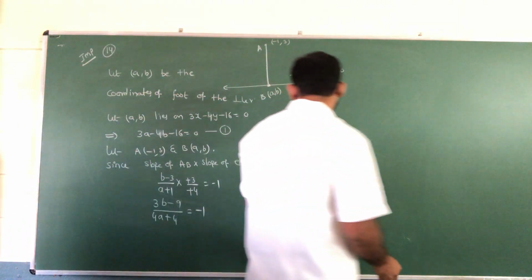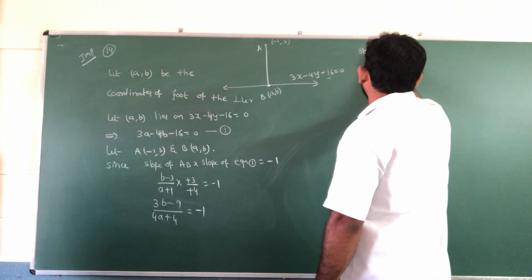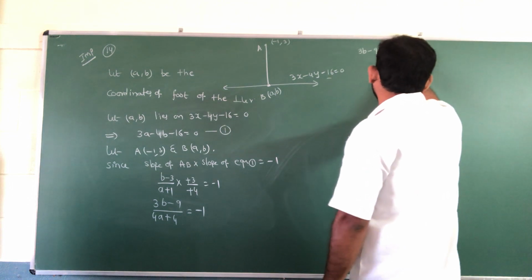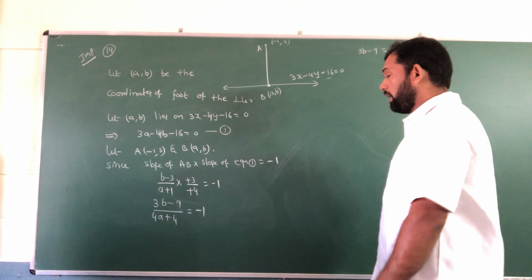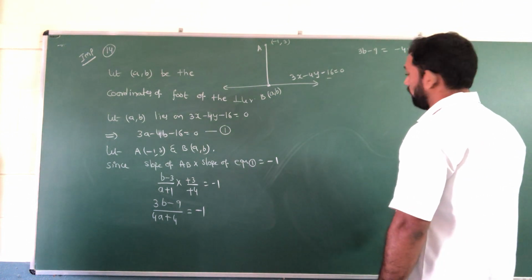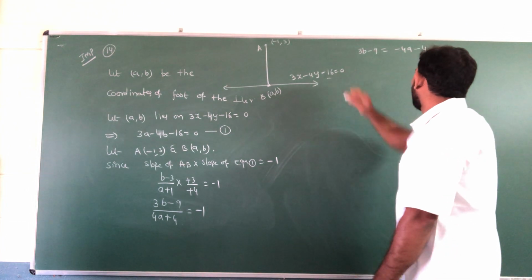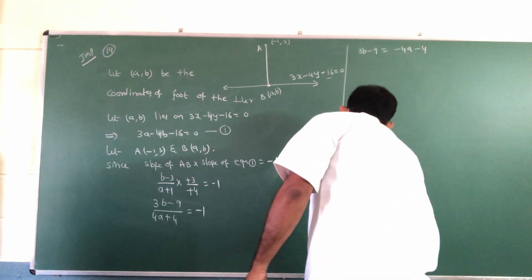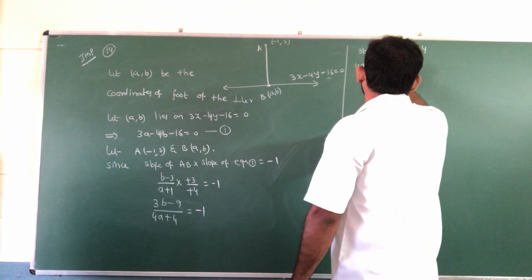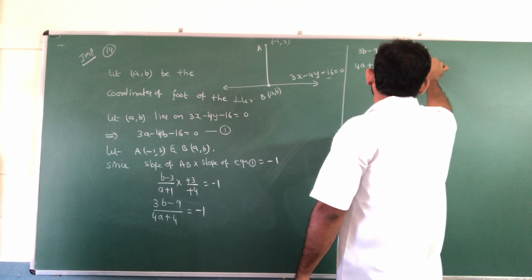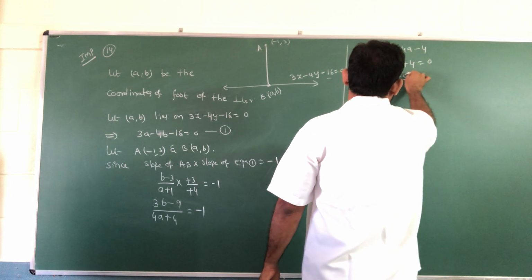Again simplify: 3b minus 9 equals minus 4a minus 4, multiplying the denominator by minus 1. Writing all values on one side: 4a plus 3b minus 9 plus 4 equals 0, so 4a plus 3b minus 5 equals 0.